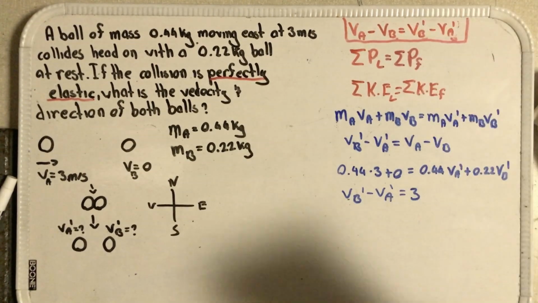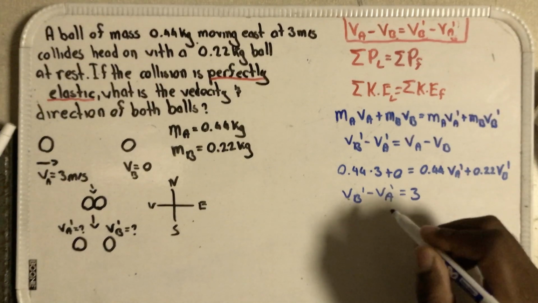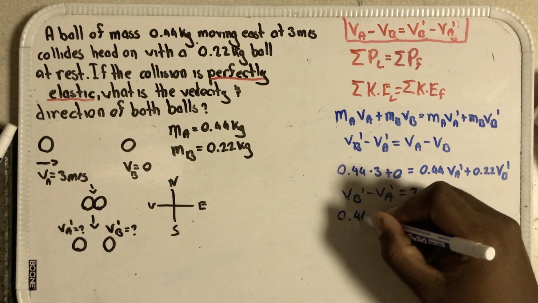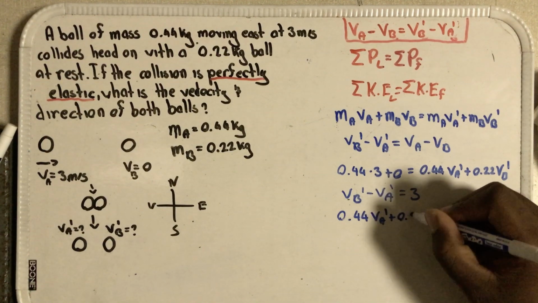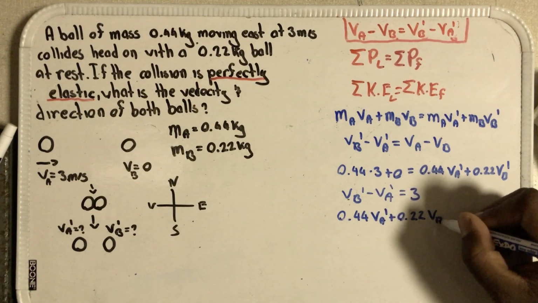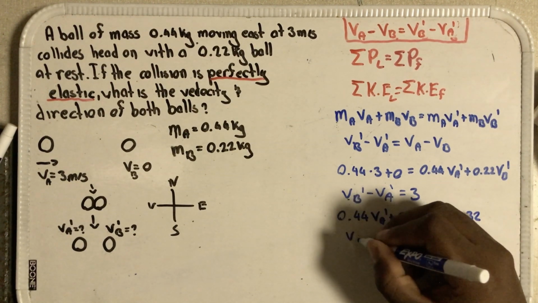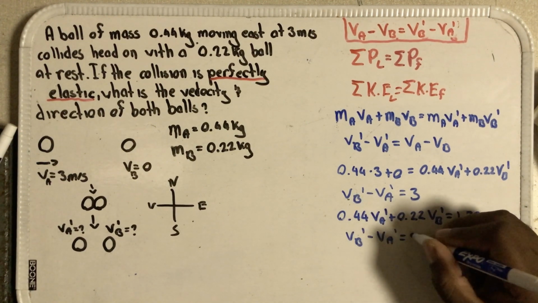So working this out, 0.44 times 3 gives us 1.32. Simplifying this into something that looks a bit nicer, we have 0.44 times final velocity of A plus 0.22 times the final velocity of B is equal to 1.32, and final velocity of B minus final velocity of A is equal to 3.